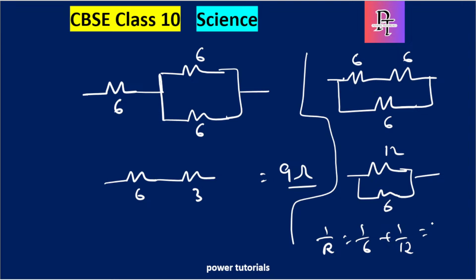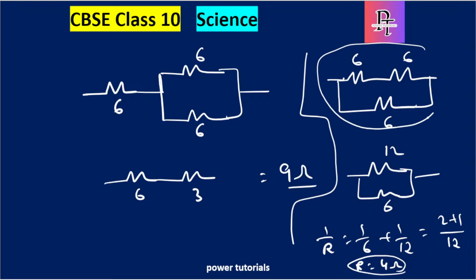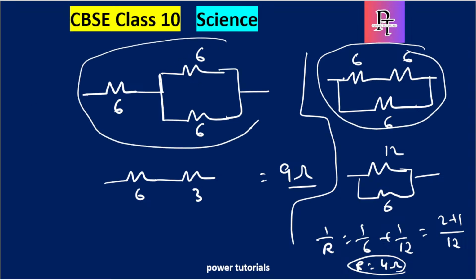So it will be 2 plus 1 by 12, so 3 by 12, which is 4 ohms. Okay, so this is one connection and the other one is this connection. So using these two, we'll get 9 and 4 ohms.